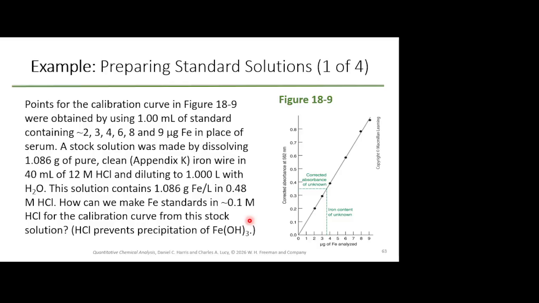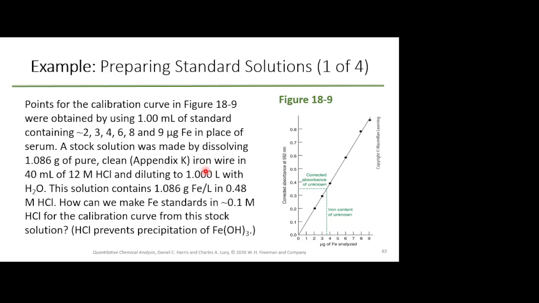Yeah, that's exactly it. So we're going to make dilutions, right? What dilutions do we need to make? Yeah, so this right here is in micrograms, and we want that micrograms per 1 milliliter. This right here is grams per liter, isn't it?